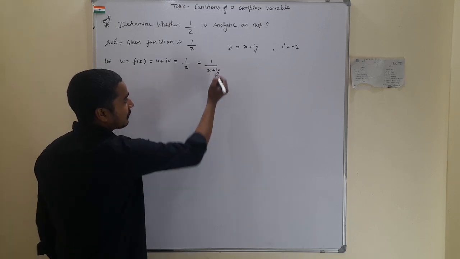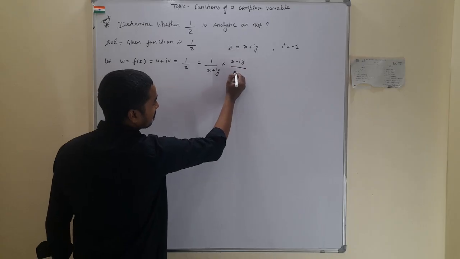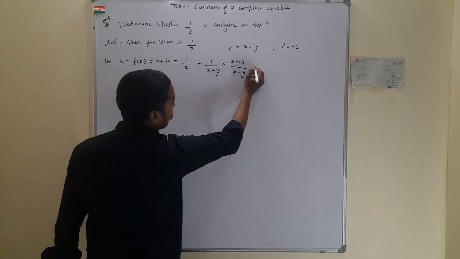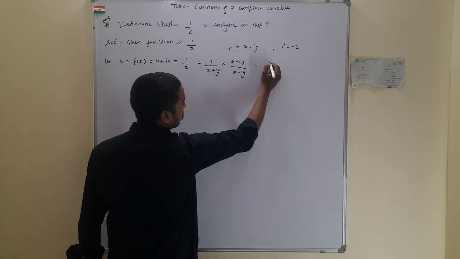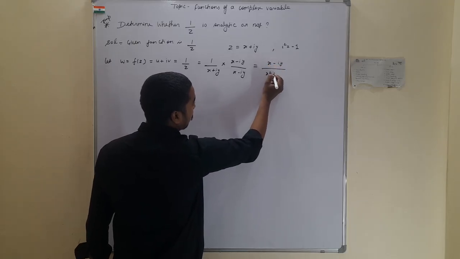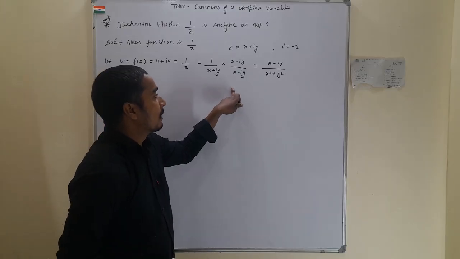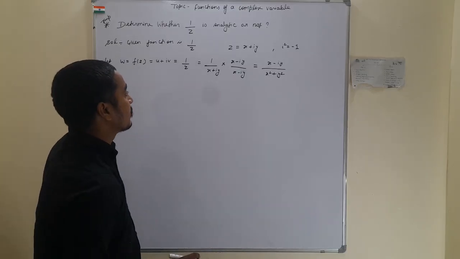Here, rationalizing, this gives x minus iy upon x minus iy, and after solving, this gives x minus iy upon x square plus y square. Here we have to equate the real and imaginary parts.